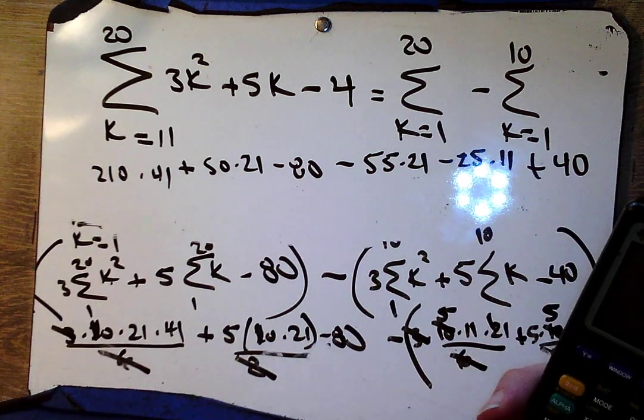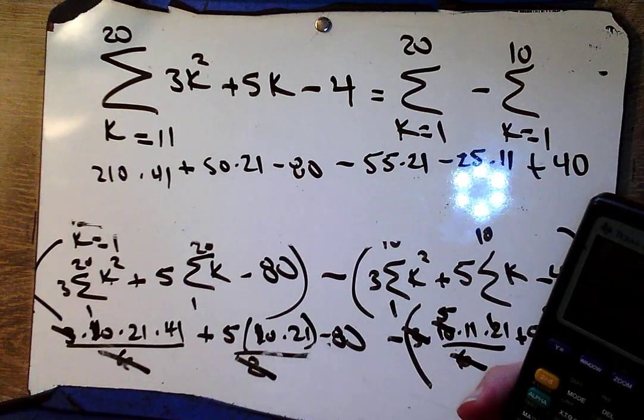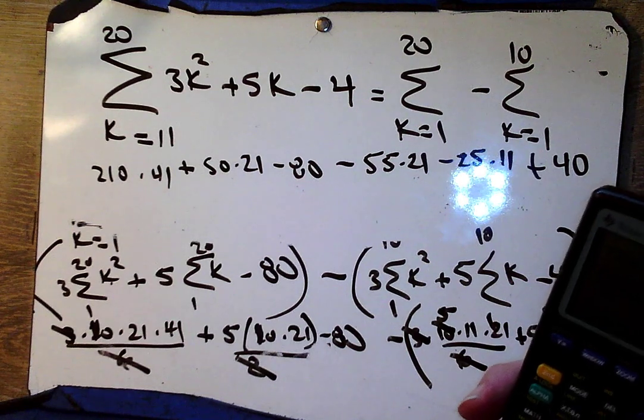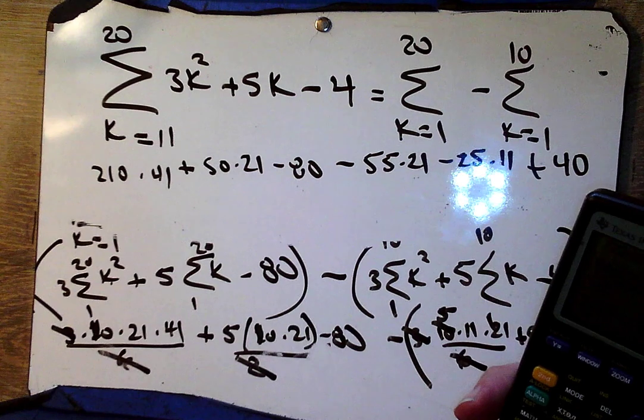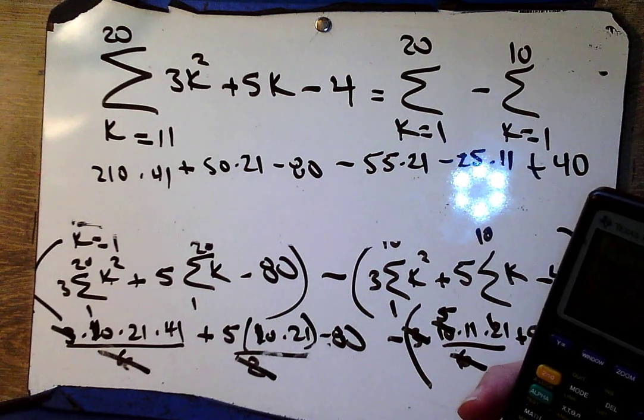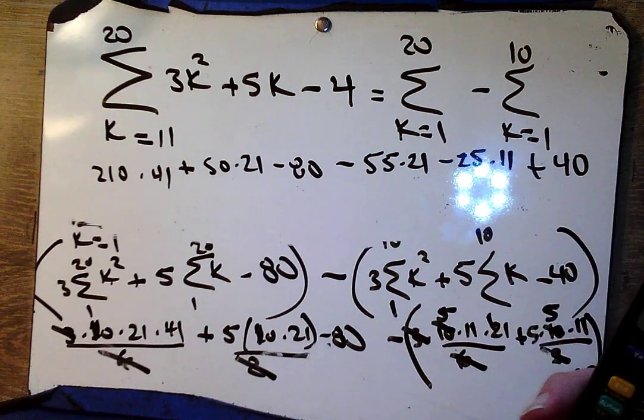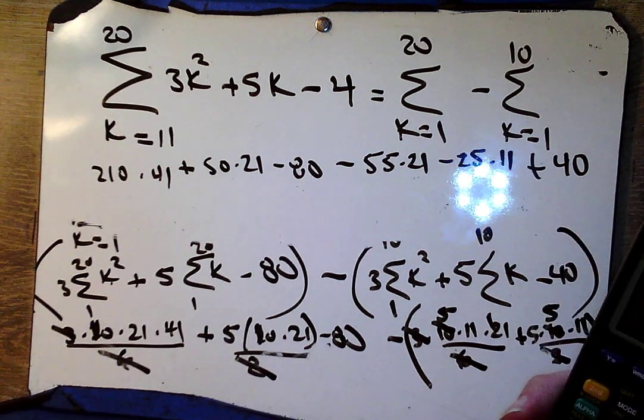So I get 210 times 41 plus 50 times 21 minus 80 minus 55 times 21 minus 25 times 11 plus 40.